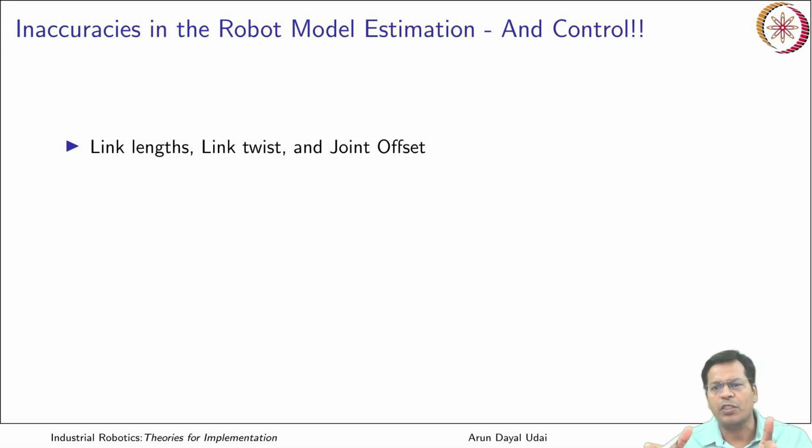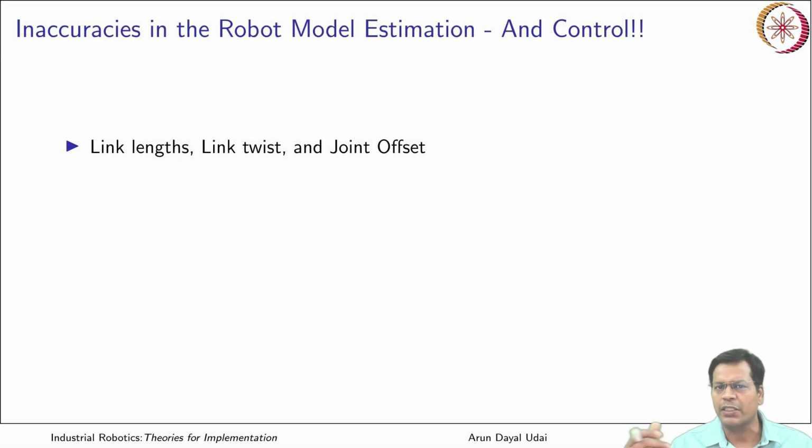That also may not be possible. There exists a kind of twist between two joints next to each other. So even if we have designed however accurately, manufacturing uncertainties are always there, and that is what creates this error. This link twist is there even if it is not there in the DH parameters in the ideal condition.